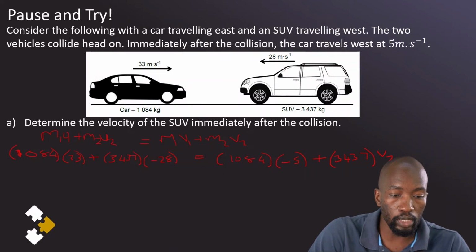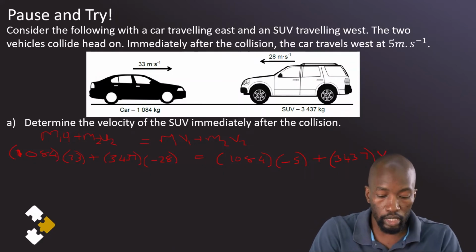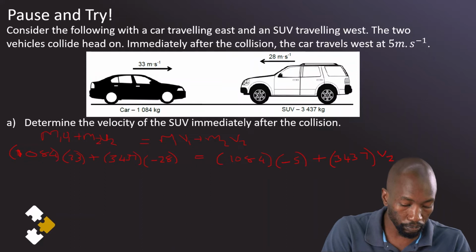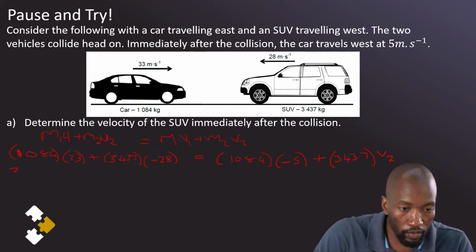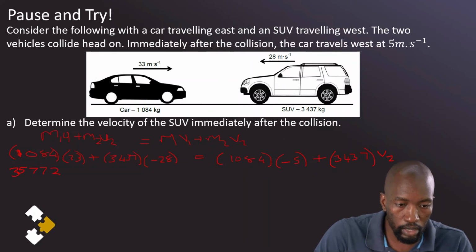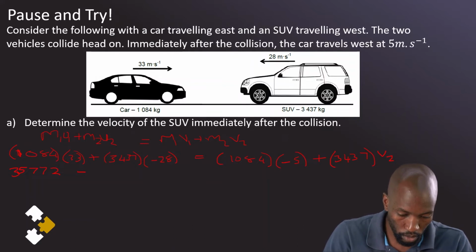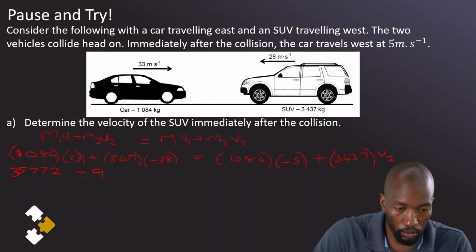Let me just put that 2 to show that it's the second object. Now let's quickly check what this gives us on our calculators. 1084 multiplied by 33 gives us 35772. Then this will be minus, let's check that on our calculator as well, 3437 times 28, and that is just 96236.